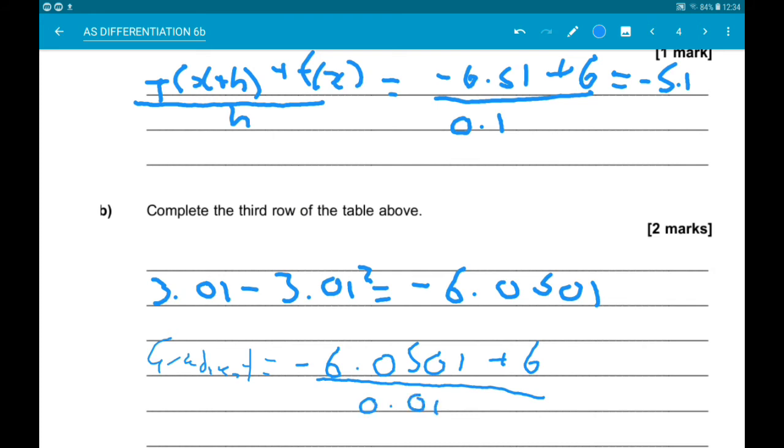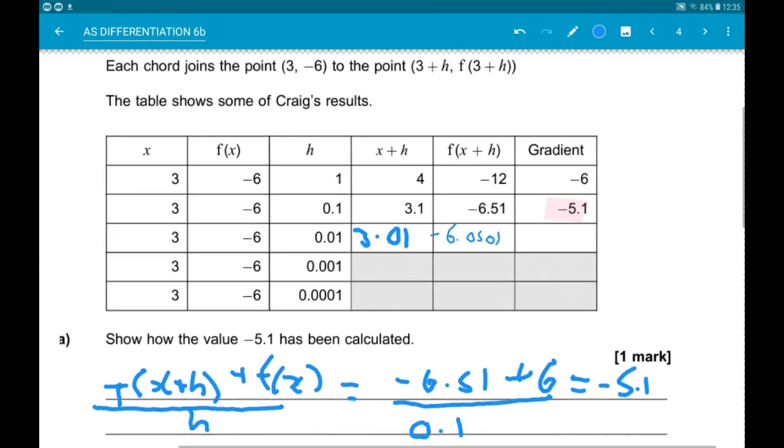Now that gives us minus 5.01. So that goes in there.